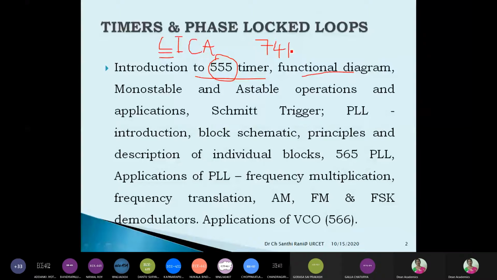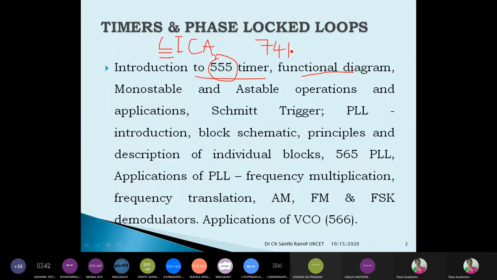All these applications are with the linear IC 741. After that, we saw analog multiplier ICs, AD533, 533 and 534, and a balanced modulator IC, 1496 or 1496B.